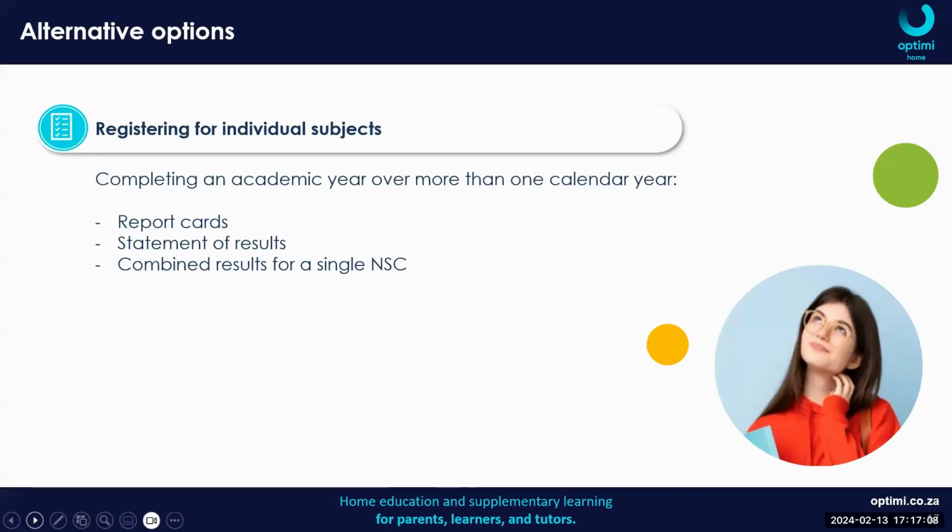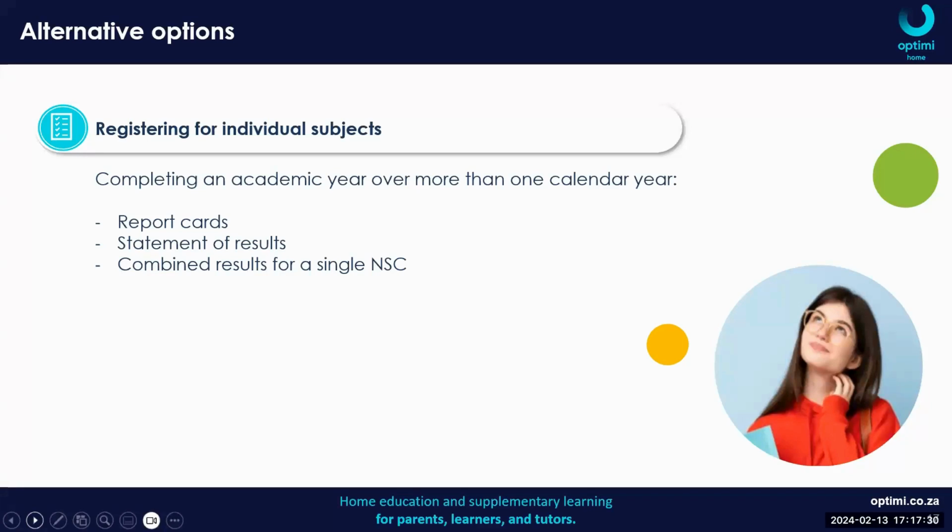But once they've completed all of their subjects for grade 10, for example, we do keep that in mind and then look at those subjects to determine whether the learner can be progressed to grade 11. Similarly, we do the same thing for grade 11 to progress into grade 12.